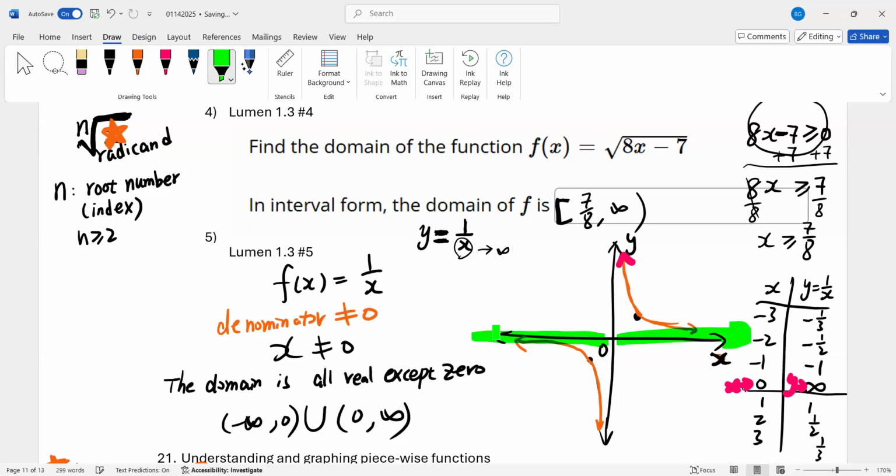If you look at the curve horizontally, it doesn't have a boundary from the left, doesn't have a boundary from the right. However, it has an asymptote in the middle at 0. So you have to exclude 0 from the real number set. This is the way we exclude 0: negative infinity to 0 open, union 0 to positive infinity.